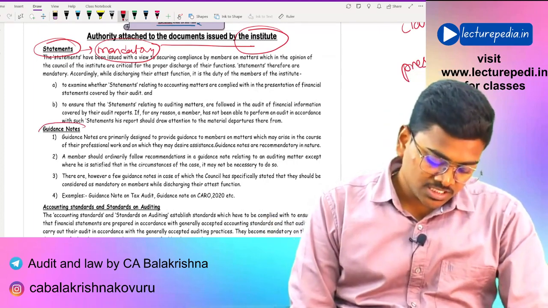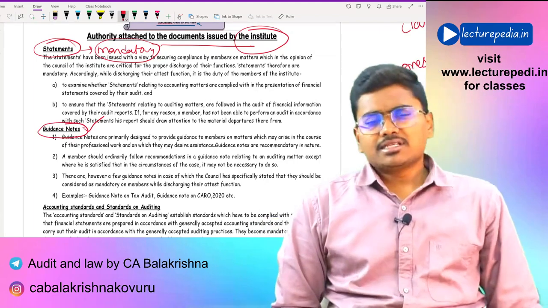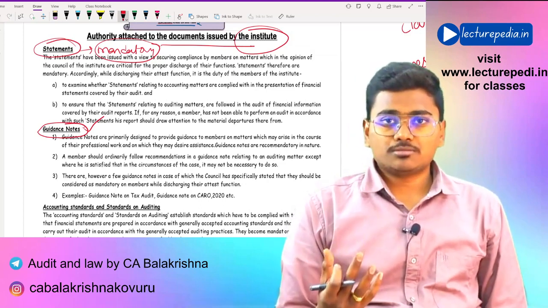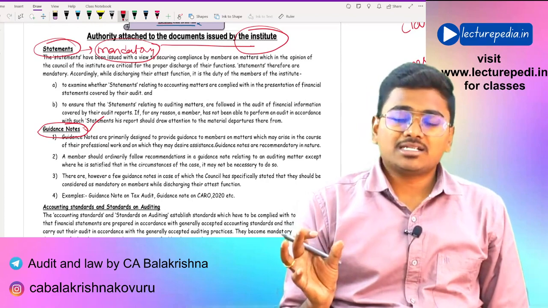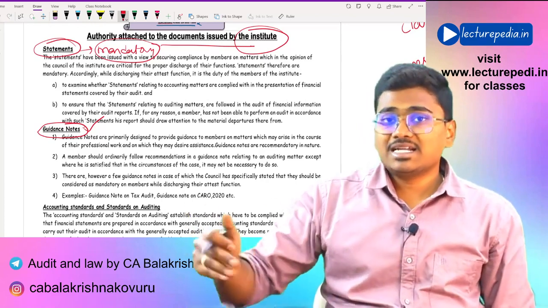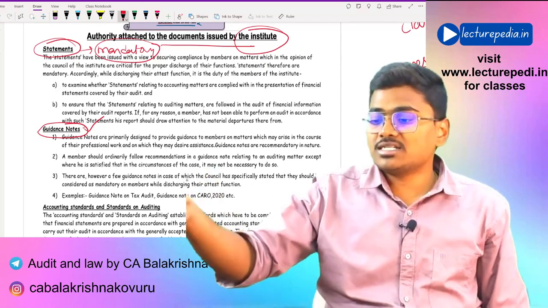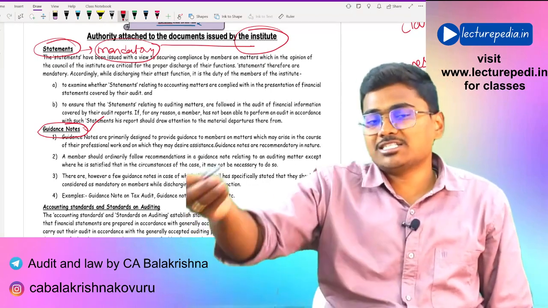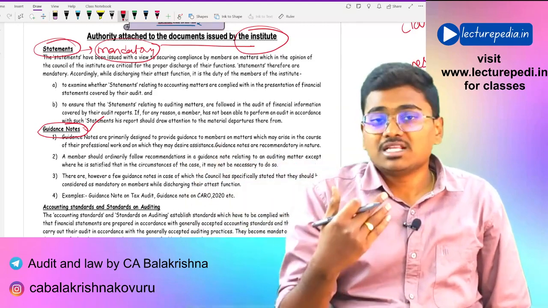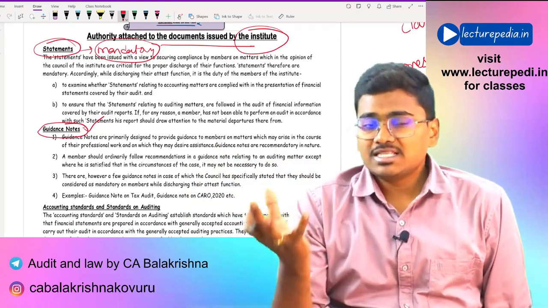Next, guidance notes. Basically, ICAI will issue guidance note in respect of matters where it feels that members are expecting some guidance from the ICAI. Members require some guidance, some knowledge in respect of this area. If ICAI feels so, then it will issue guidance note in that area.